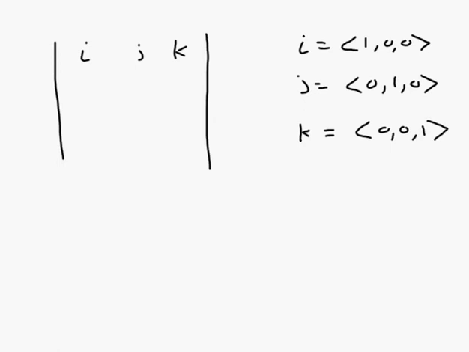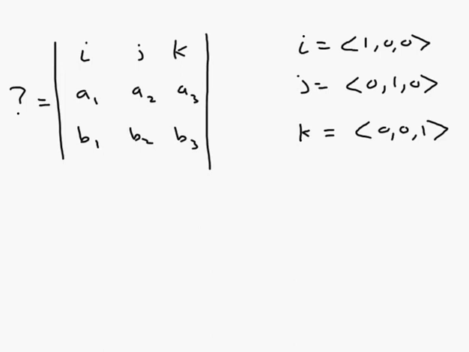I'm going to put the components of vector A in the second row and the components of vector B in the third row. Now you'll notice I didn't give this matrix a name yet. I'm just going to put a little question mark next to this for the time being. We'll name it in a little while.